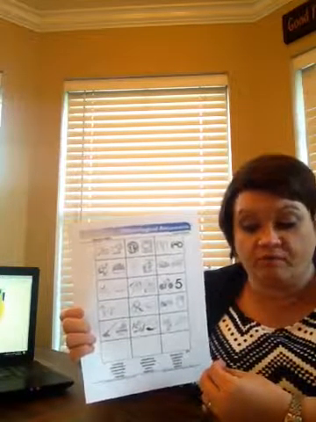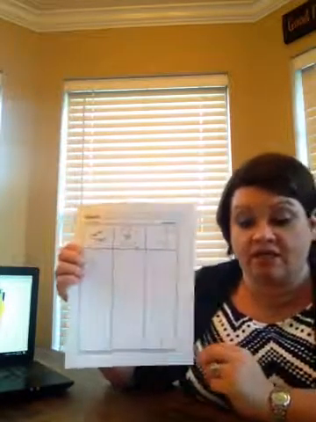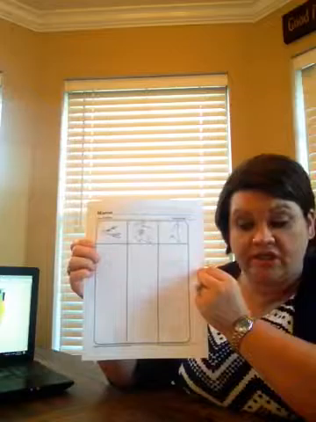I would then model how we would do the activity by cutting out each one of the cards. We would sort the cards according to the initial, medial, or final sounds, and then we would glue them under the correct heading.